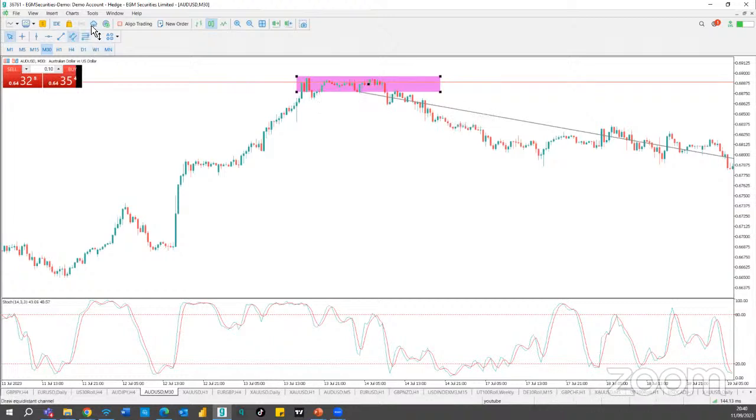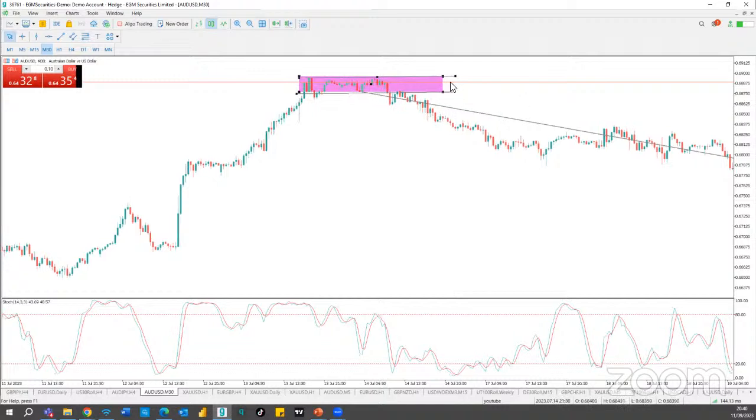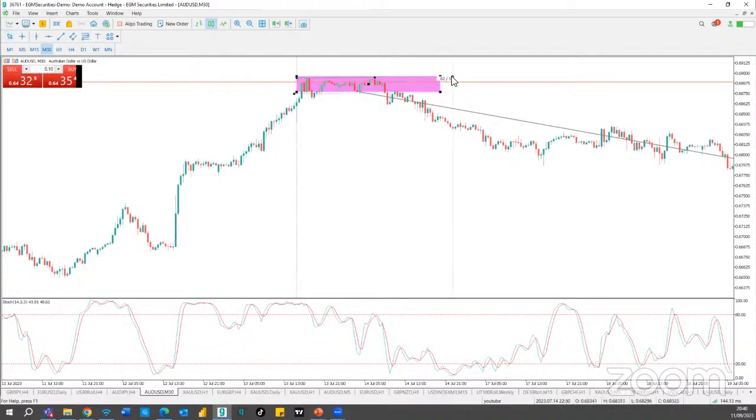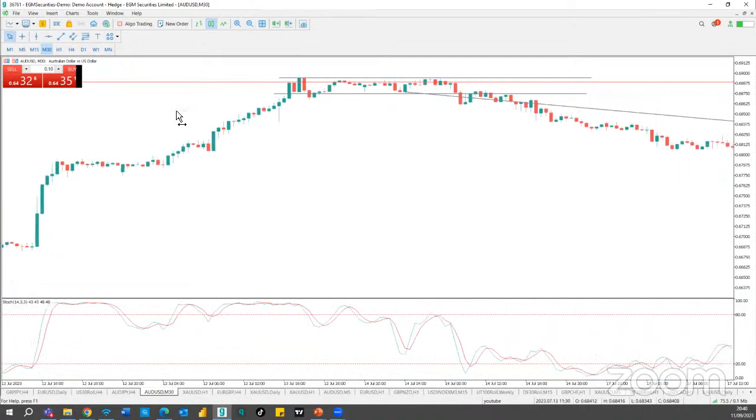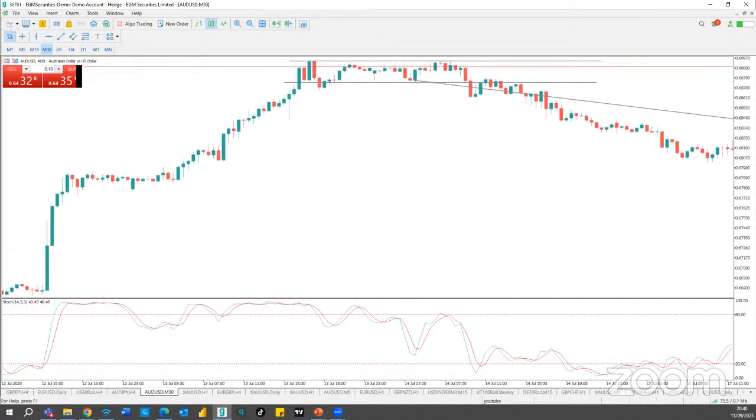After breaking to the downside, we have a little bit of a retest before the price really unleashed a big, strong bearish momentum. I want to remove this and then show you that occurrence which you're talking about.